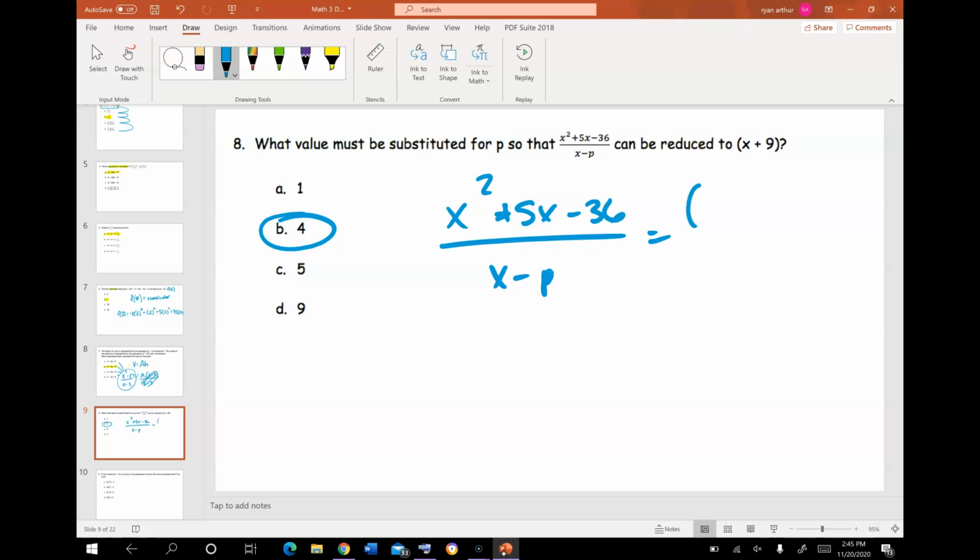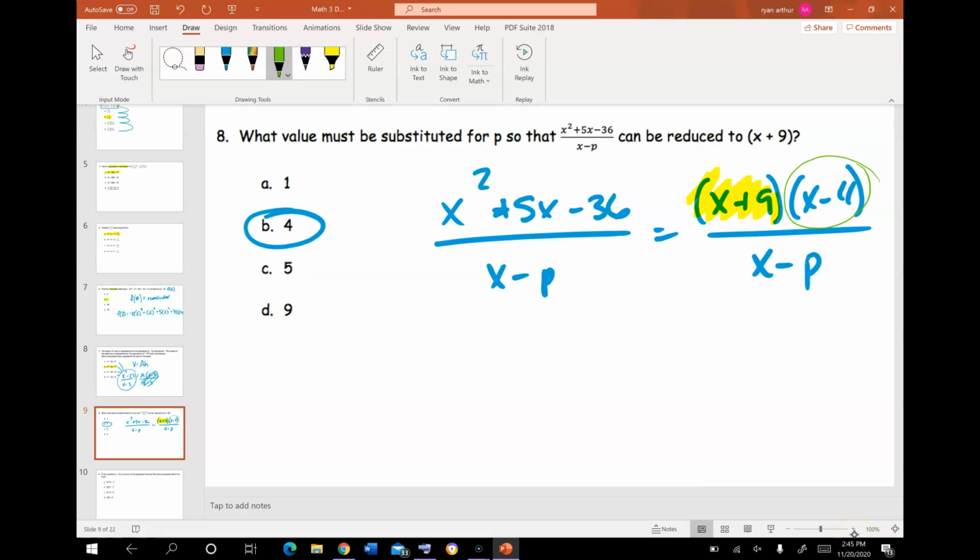So, this is actually going to be x plus 9 and x minus 4 over x minus P. Well, I want this to be left over. So, that means I need this guy to be gone. So in order to cancel it out, doesn't P have to be 4? So they cancel out. So that's why we chose 4.